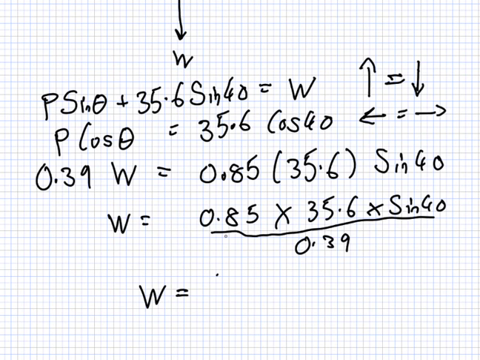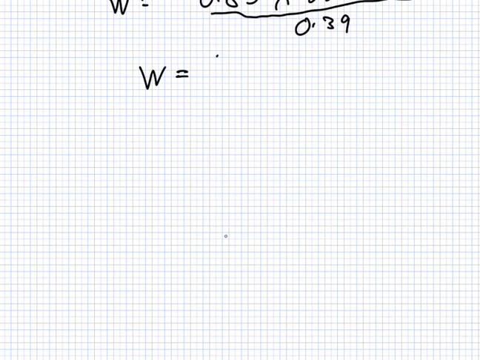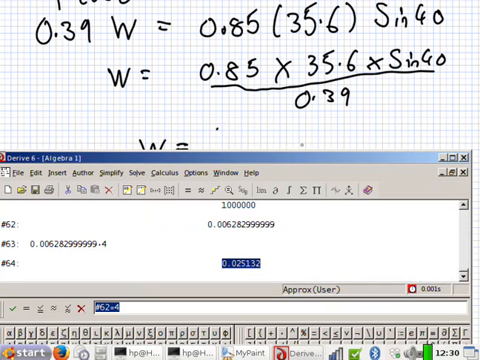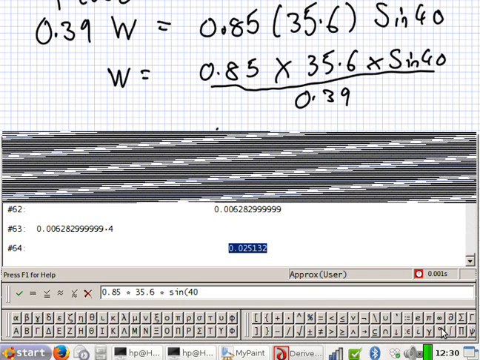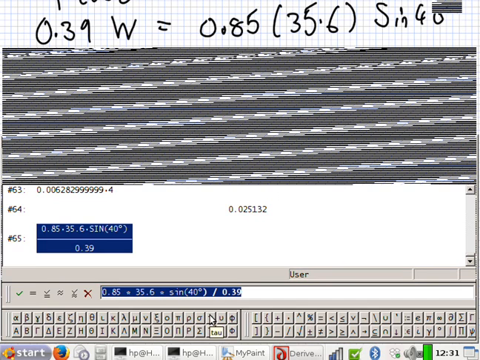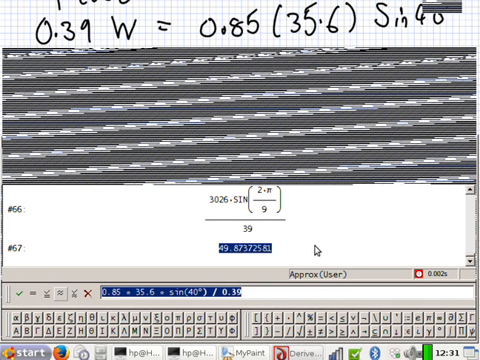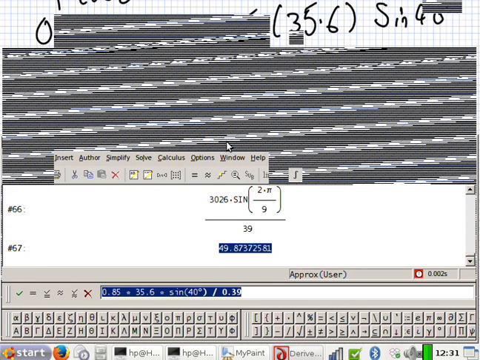Look, that doesn't matter, I'll type it in. 0.85 times 35.6 times sine 40 degrees divided by 0.39, 49.87, 49.9.